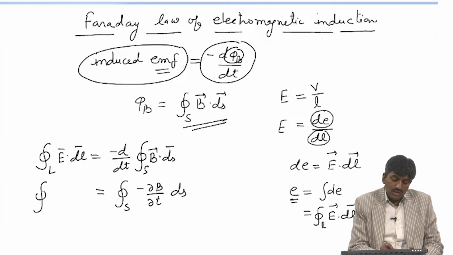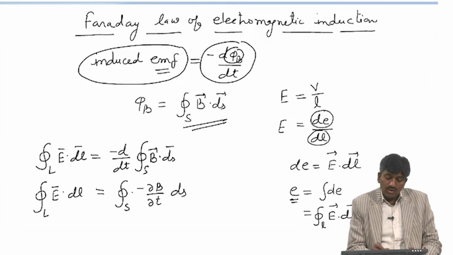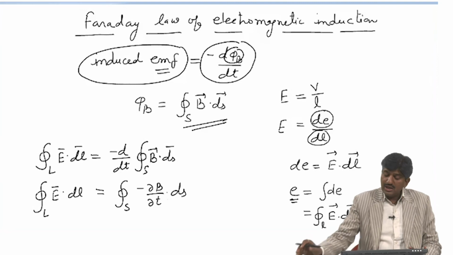This is line integration of electric field equal to minus del B upon del t.